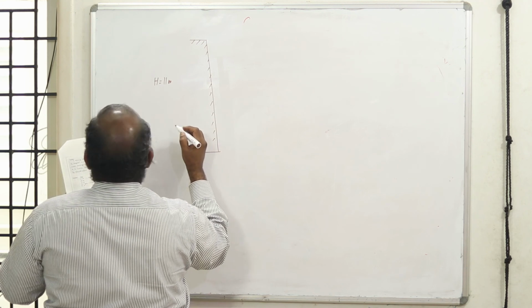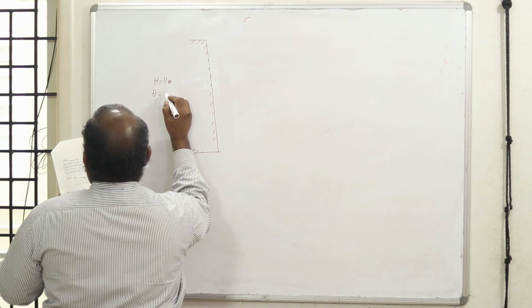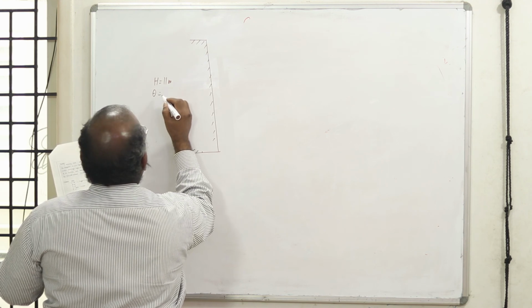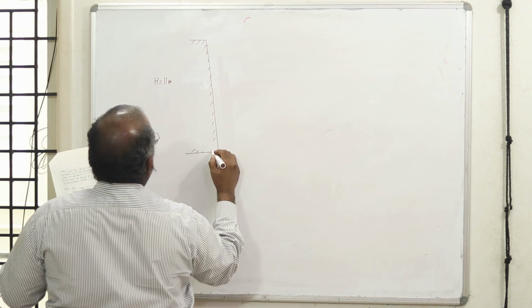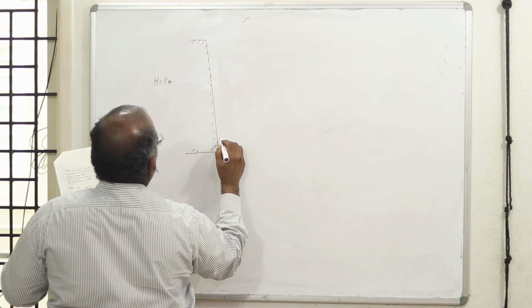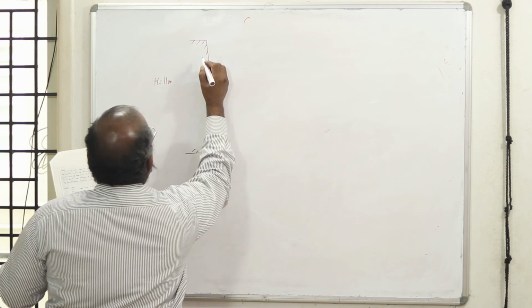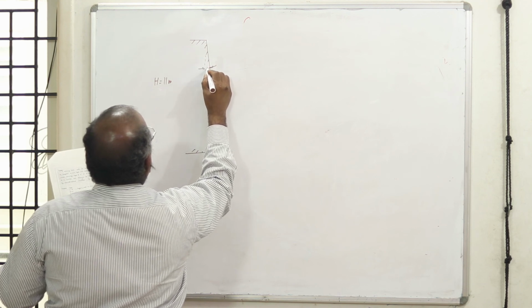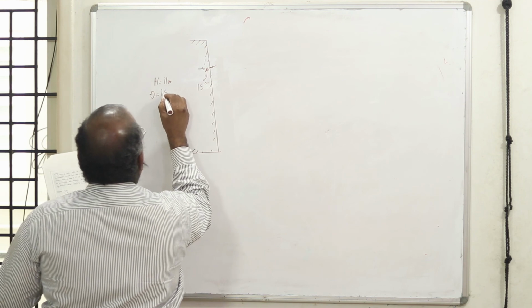Theta is given as 15 degrees. It is not given theta as 15. It is inclined at 75 degrees with respect to the vertical. This is 75 degrees with respect to vertical, means this is 15 degrees. Therefore, theta is 15 degrees.